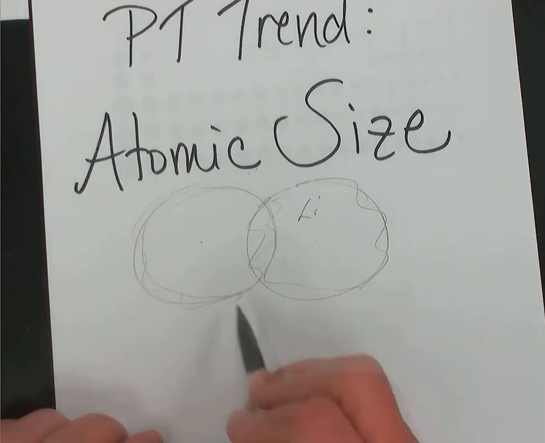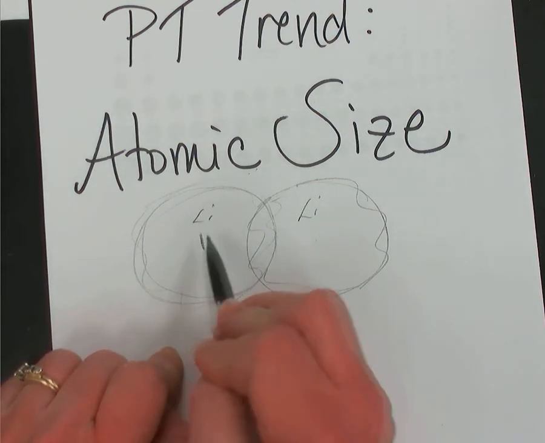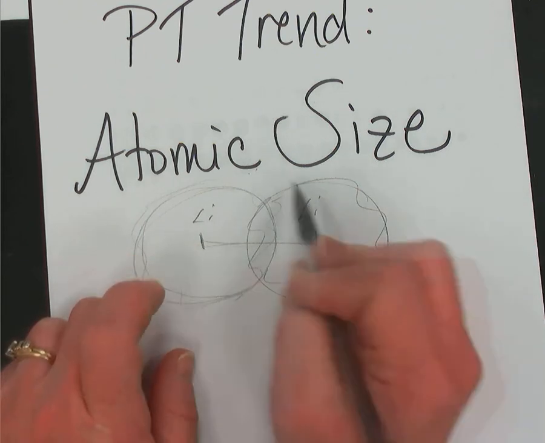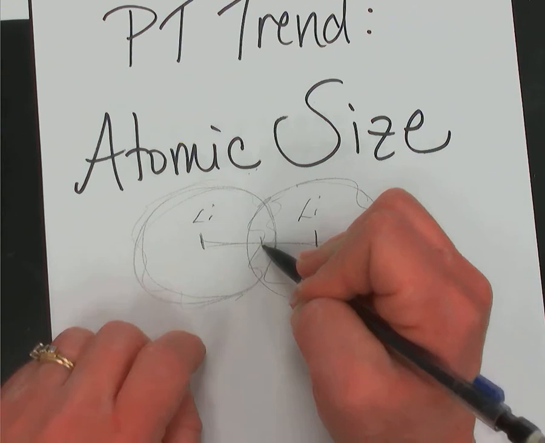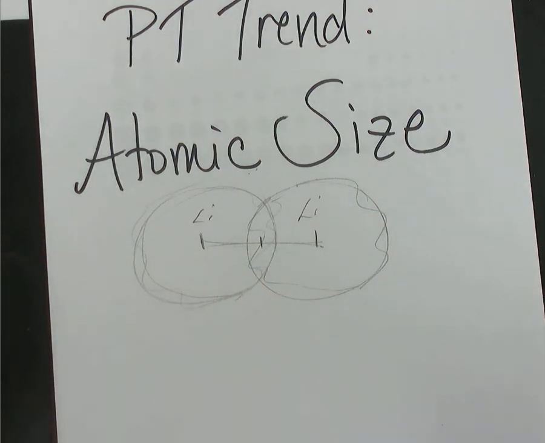All right, we can tell where the lithium nuclei are. So if we measure from nucleus to nucleus, it's approximately the diameter. But we usually cut it in half and then call this the radius. So again, as close as we can.